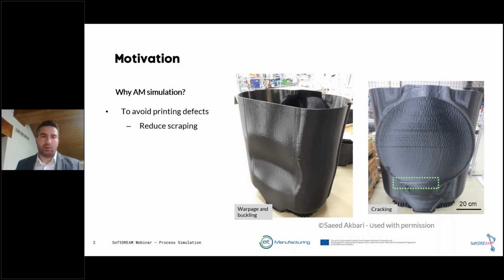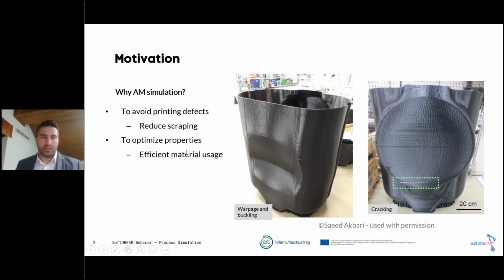And with that, we can reduce scrapping. If you look at the images here on the right, you can see this big part has a lot of warpage and buckling, as well as some cracks developing on the other side. So hopefully with the simulation we could avoid such defects.